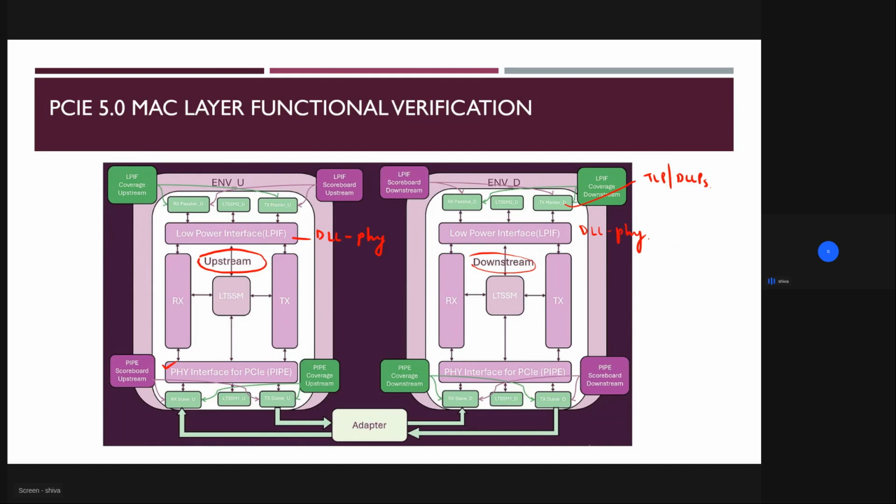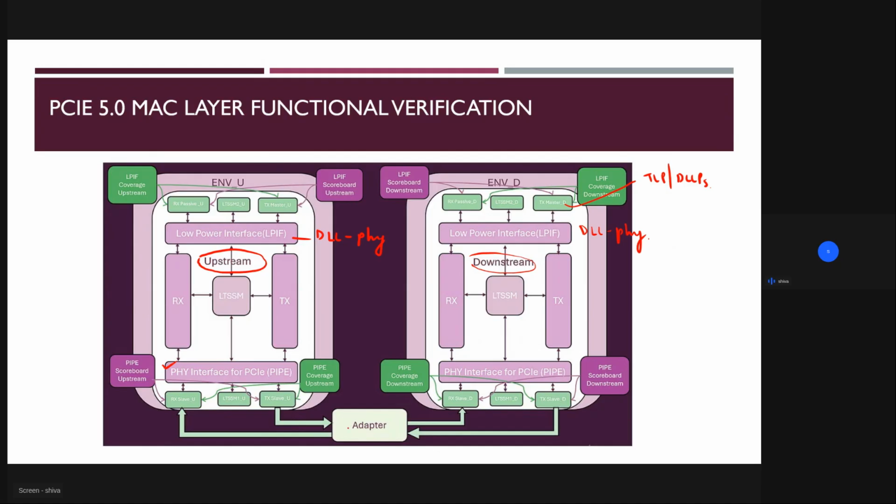In LTSSM we have corner cases, right? Like timeout conditions, or any protocol violation, where the state will transition to the next valid state, or it will come back to the detect state. For checking all those LTSSM corner cases, we have a component called the adapter.